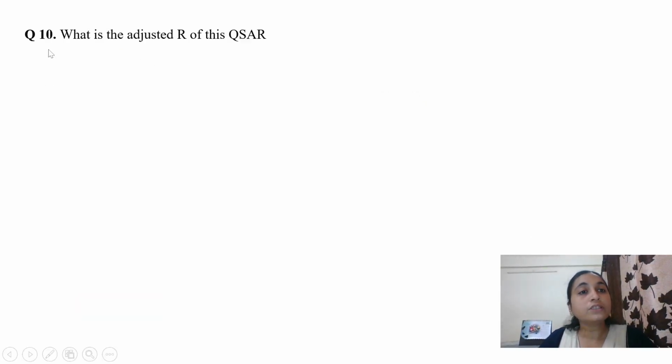So now this is question 10. What is the adjusted R square of this QSAR? It will be R square, not R. I have made one mistake.